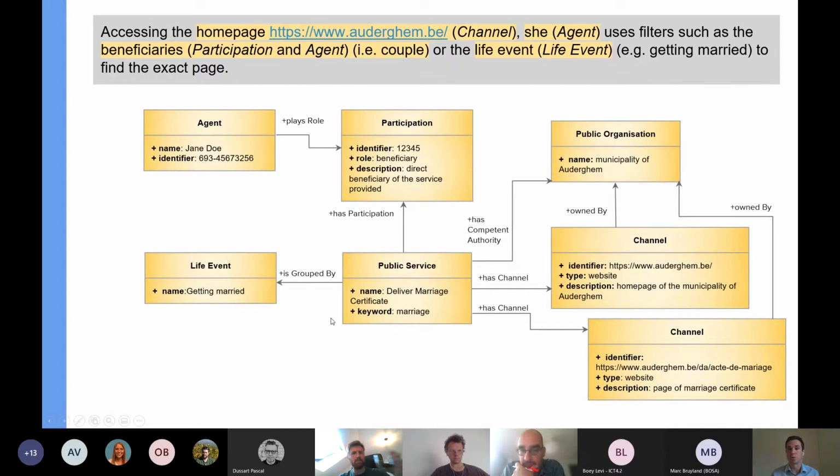Or it can also be, depending on the level of administration you are looking at for the service, okay, where do you live? Oh, I live in this municipality, and therefore you find automatically the right page with the information. And that's where she is able to find the specific page with information about the marriage certificate itself.